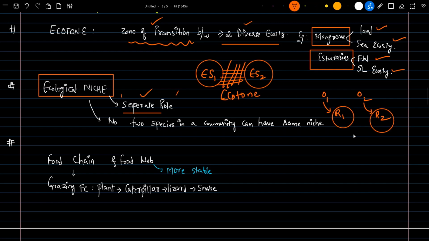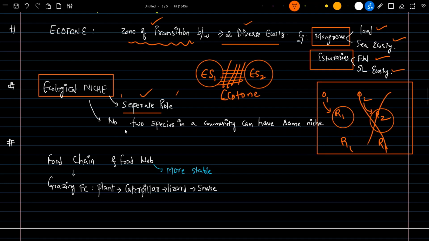If both had an equal role, like R1, R1, then abruptly due to competition, one will be eliminated. Here is the principle that ecological niche follows: no two species in a community can have the same niche. This is the thing which I told.